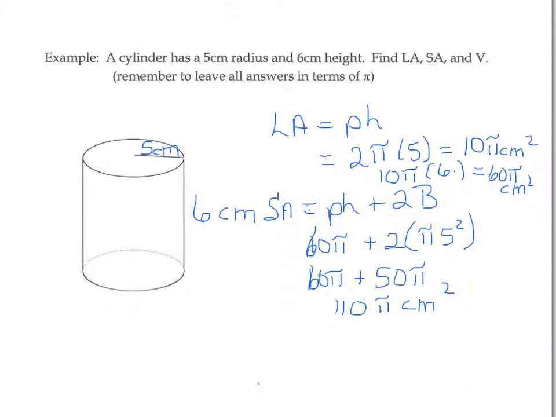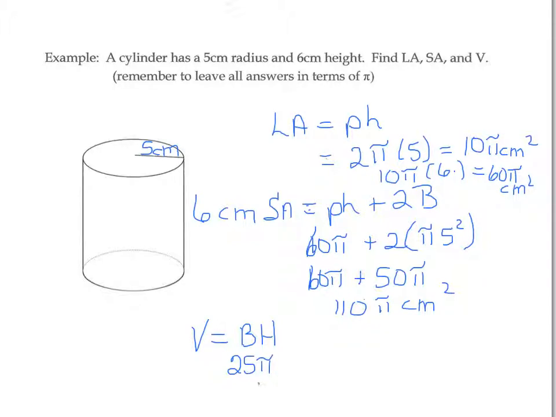Let's look at volume. We said volume is the area of the base times the height. In this case, the area of the base is pi r squared, which we found to be 25 pi.